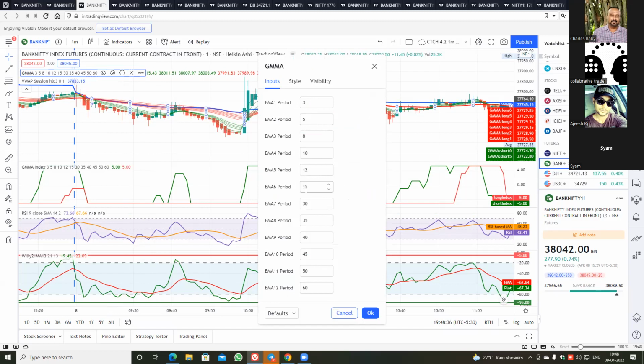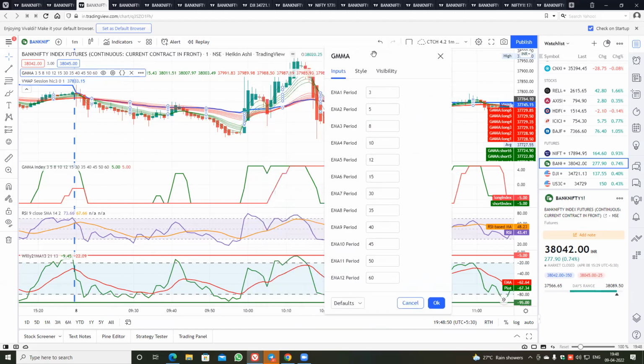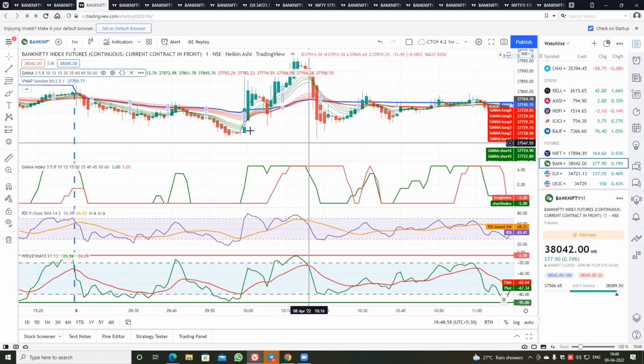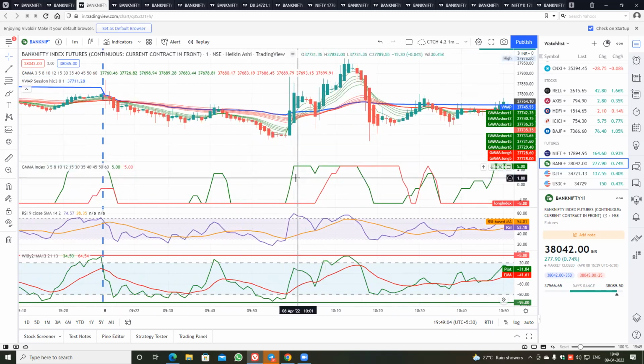And the other 6 EMAs start from 15 period: 30, 35, 40, 45, 50, and 60. These are long term moving averages, and they will be appearing in red color. It is a trend following indicator, and it can be used along with the GMMA index.